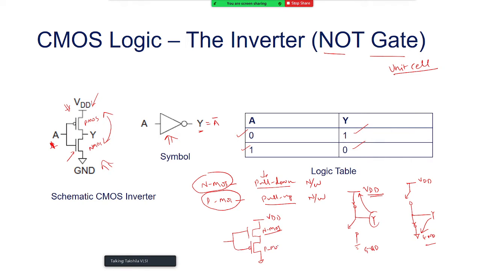Again I repeat, the person connected it that way no matter whether it's an inverter, NAND gate, or NOR gate, for all the assignments that I gave. So you should not connect the PMOS for the pull-down network and NMOS for the pull-up network. Just do the way it is shown here.